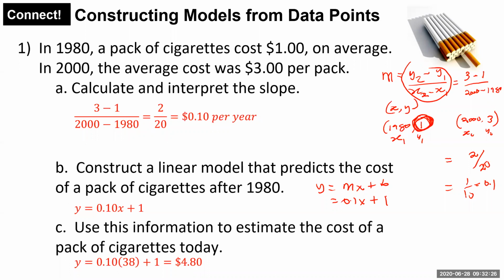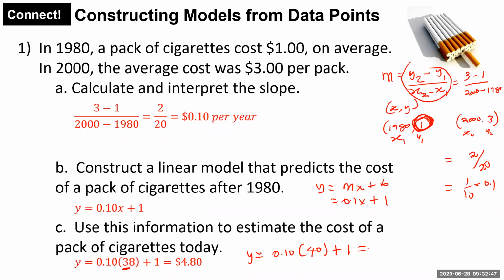Really what I did here was, this is 2 years ago. Now the current will be 0.10 and 40 plus 1, and that'll give you the pack of cigarette in 2020. Is that okay? Nice. So that is how you do that.